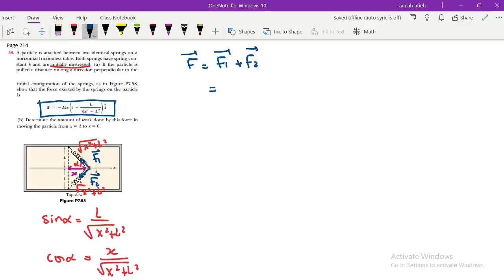For F1, when I project on the axes, the x axis is directed to the right. So I write F1, the magnitude, in the same way: it's minus F1 cosine alpha i plus F1 sine alpha j. I will try to decompose F1 here.